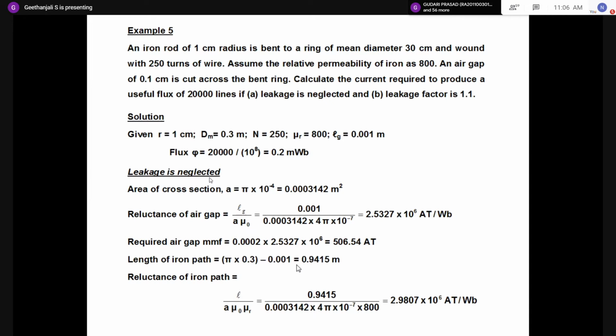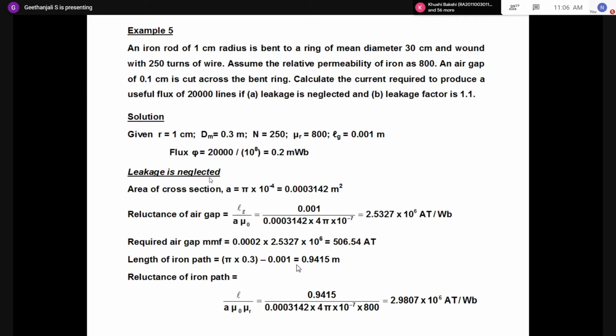Then the required MMF. We know the expression for phi: phi is equal to MMF divided by S. From the expression, MMF is equal to phi into S. Phi is given in the problem, 0.2 milliweber.